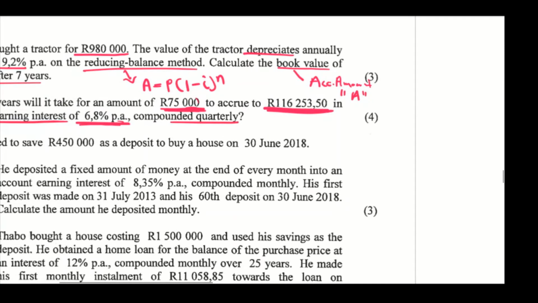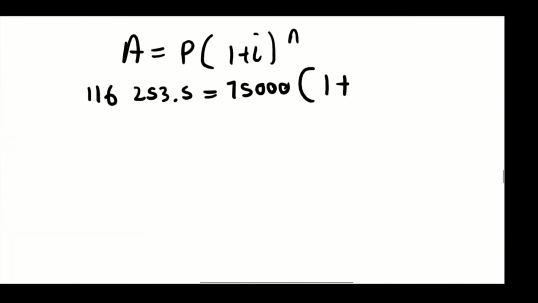So we're going to write it in decimal form. 6.8% divided by 100 is going to be 0.068 divided by 4, because it's compounded quarterly, to the power 4 multiplied by n, which is the n that we are looking for.